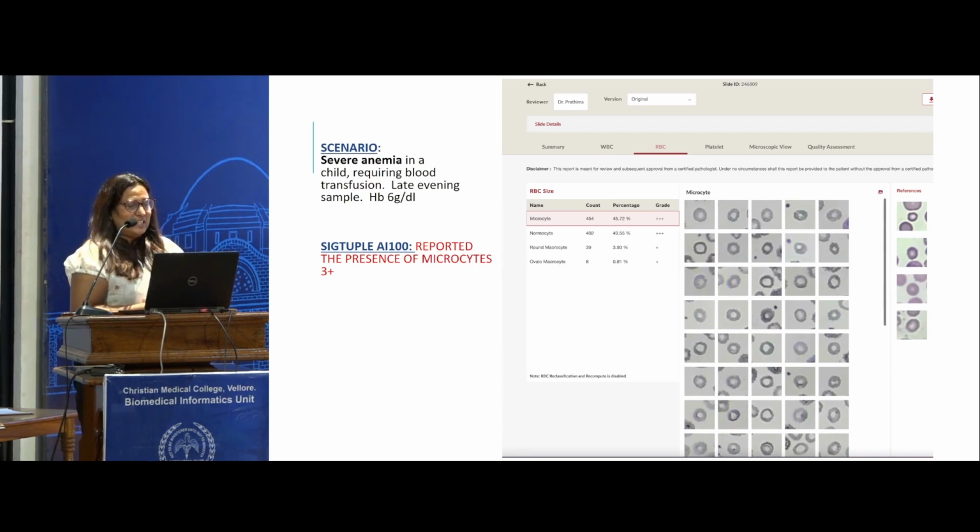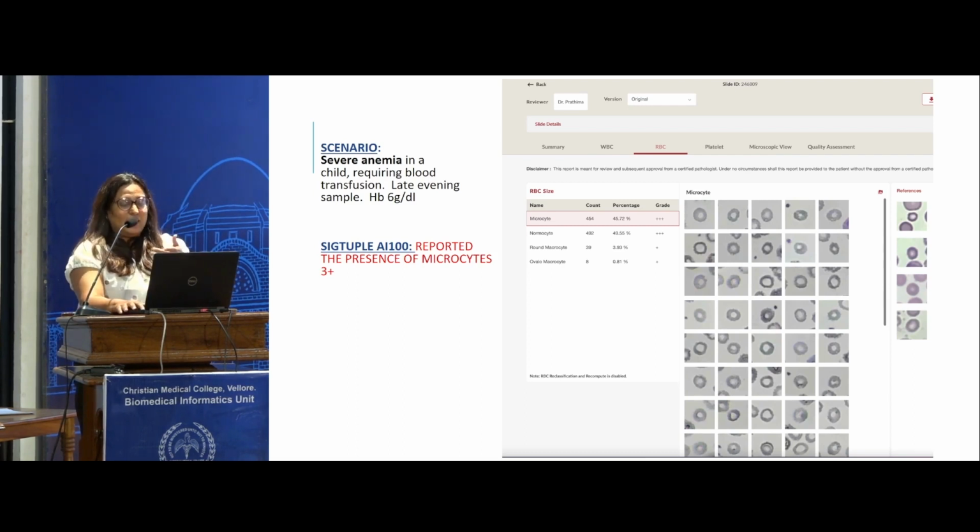So this was one case where a child came in the evening with hemoglobin of around 6 grams. Every time a young child has such low hemoglobin, we always have to suspect a lot of conditions. It could be leukemia, it could be any other condition. If it is leukemia, the treatment is immediate and has to be started as early as possible.